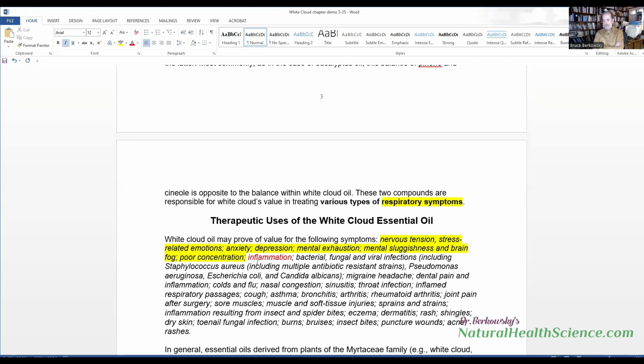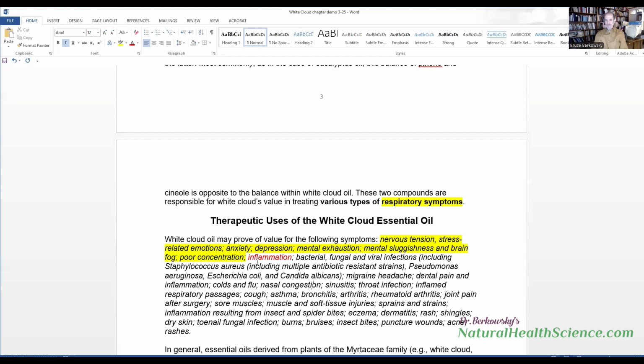So inflammation is a big factor in the development of Alzheimer's. This is why using anti-inflammatory substances, antioxidants, and various types of herbs and nutrients and so forth that are anti-inflammatory is one of the ways to make sure you don't develop dementia as you get older.